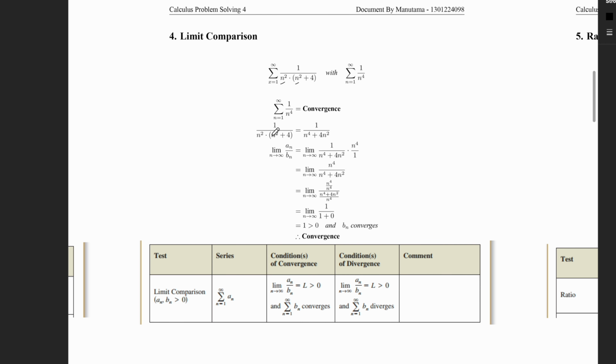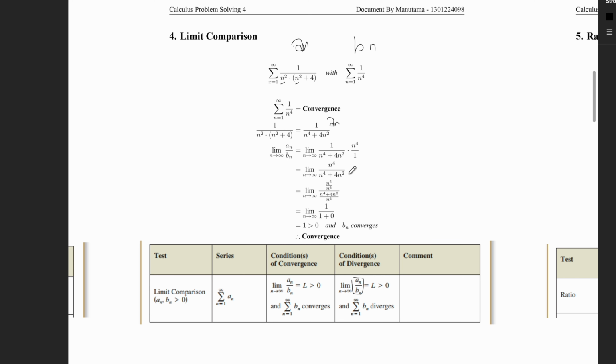This is like the usual an over bn. So an over bn is the same as an times 1 over bn. For 1 over bn, we take 1 over n^4, so it's n^4 over 1, basically n to the 4.